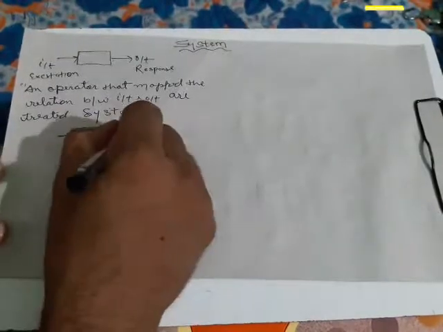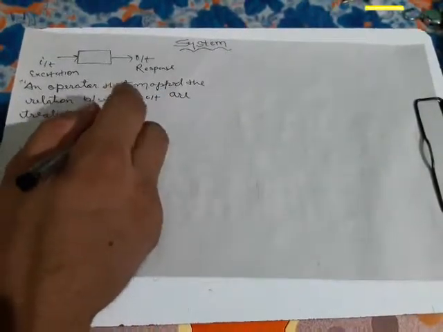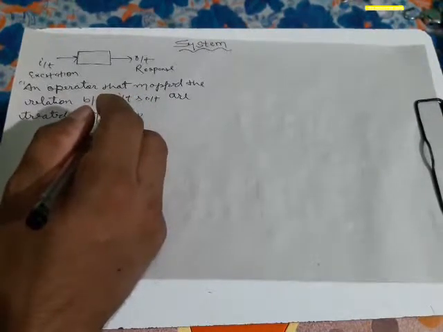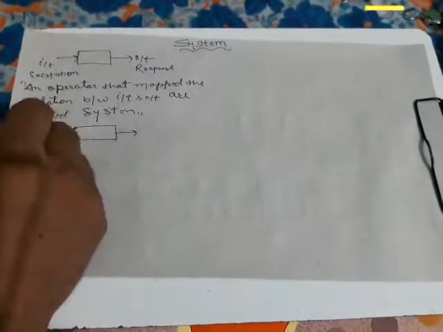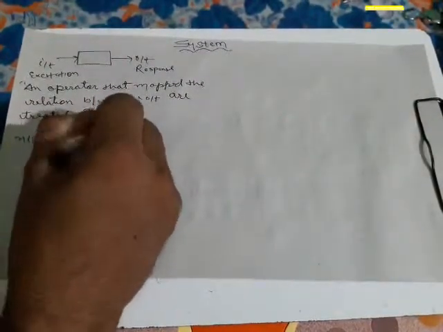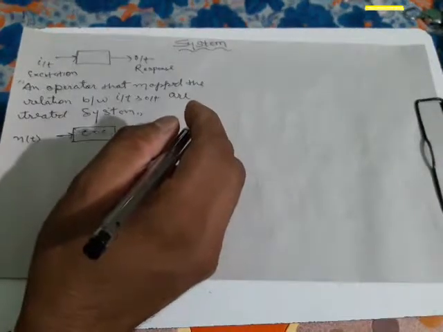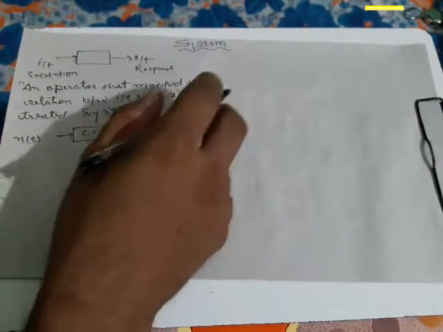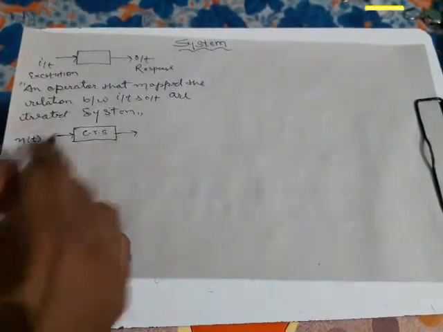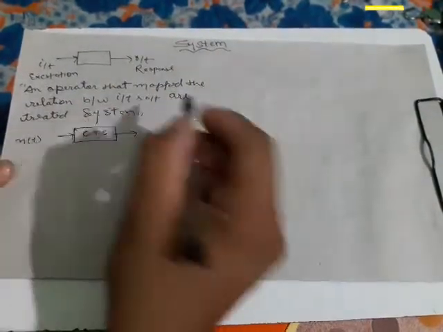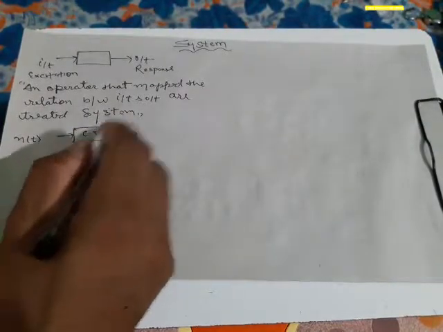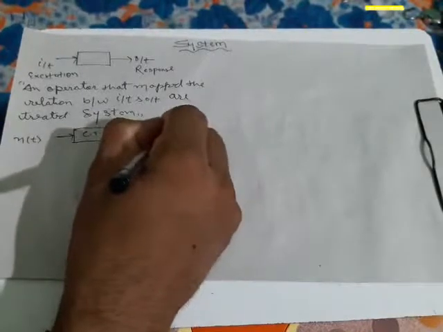For x(t) as an input, that is the excitation, after processing through the CTS system, the continuous time system, we are getting y(t) as an output. This is the processing of x(t). Sometimes a transfer function is there. Sometimes we have to design or synthesize the system, and sometimes we have to analyze the output, what kind of output.